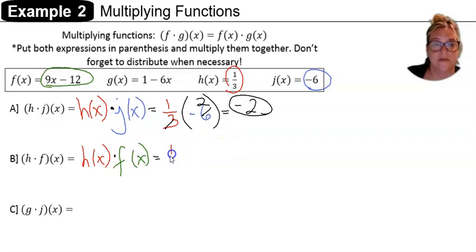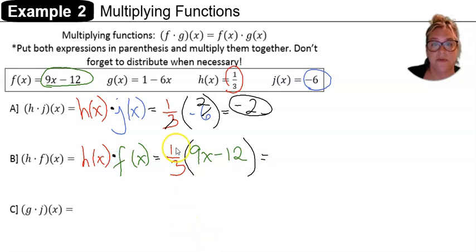H of x is 1/3, so I substitute the 1/3 in for the h of x. And then f of x, that's 9x minus 12. And I need to group that 9x minus 12 binomial in parentheses because I'm multiplying.